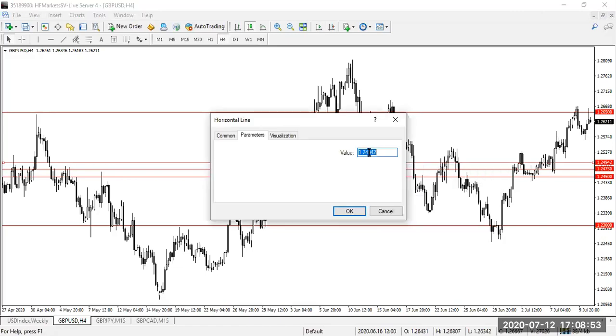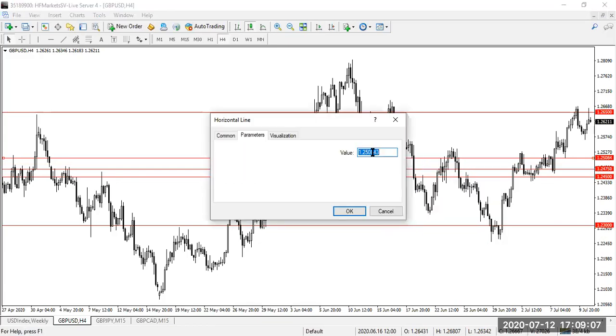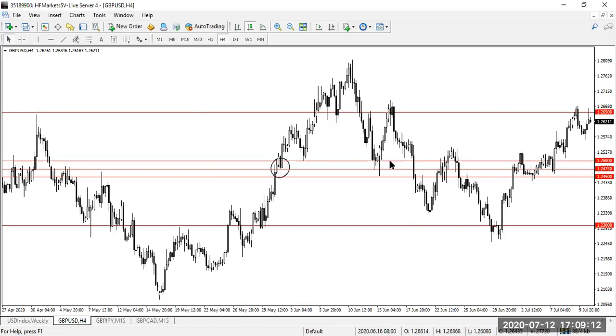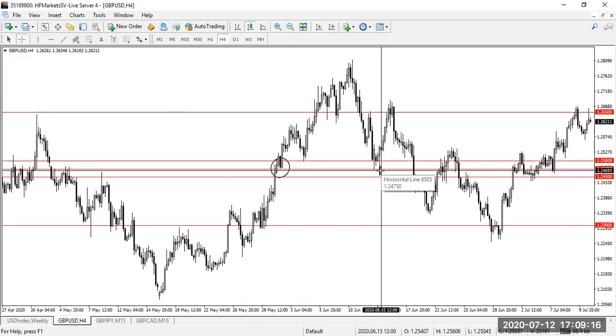Sorry, I think I've lost it: 24.75 and 25. 25 is here. And I know for sure that they will at least come down to clear stops below this area.